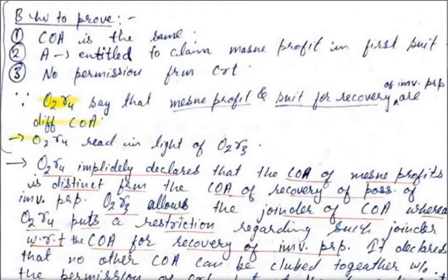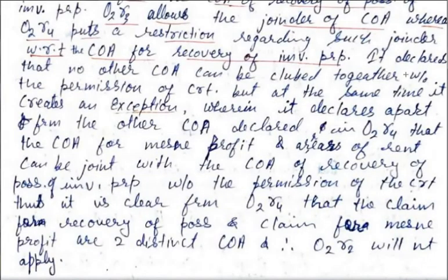Order 2 Rule 3 allows the joinder of cause of action, whereas Order 2 Rule 4 puts a restriction regarding such joinder with respect to the cause of action for recovery of immovable property. It declares that no other cause of action can be clubbed together without the permission of the court.